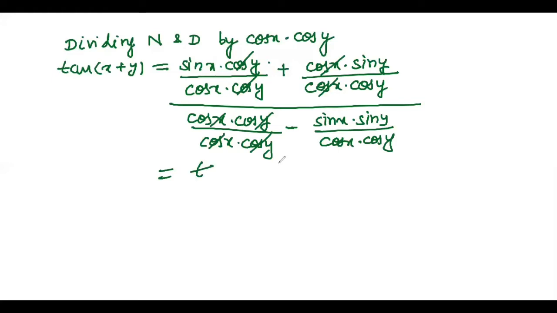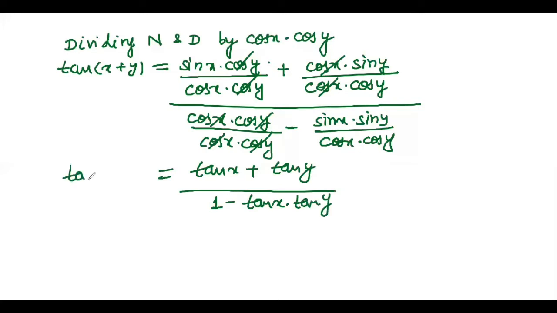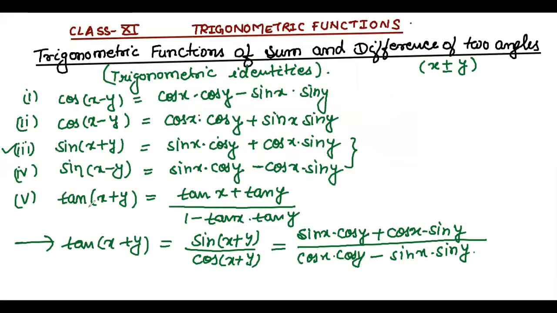So tan x plus tan y by 1 minus sin by cos, that is tan x into tan y. So this is the formula, this is the identity, tan x plus y. Similarly, tan of x minus y will be tan x minus tan y by 1 plus tan x into tan y.